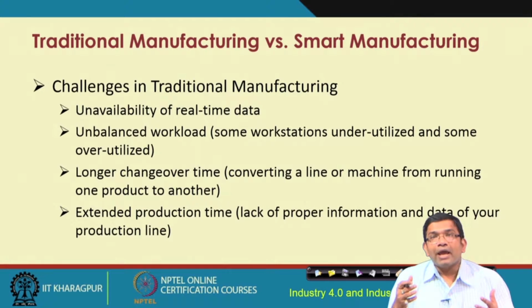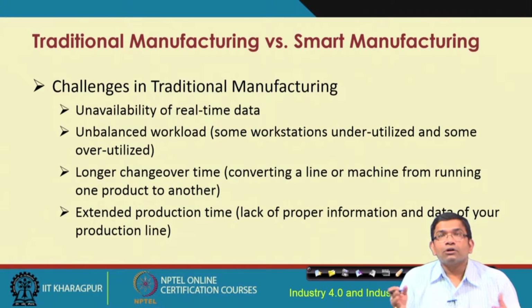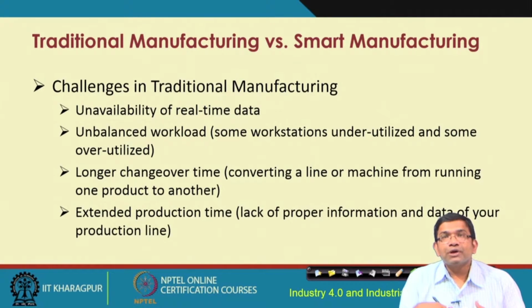That was also another challenge with traditional manufacturing, with the traditional isolated manufacturing machines which were not connected with one another and which were also not connected from one machine to some centralized entity or the control station. There were challenges with respect to longer changeover time, that means converting a line or machine from running one product to another.